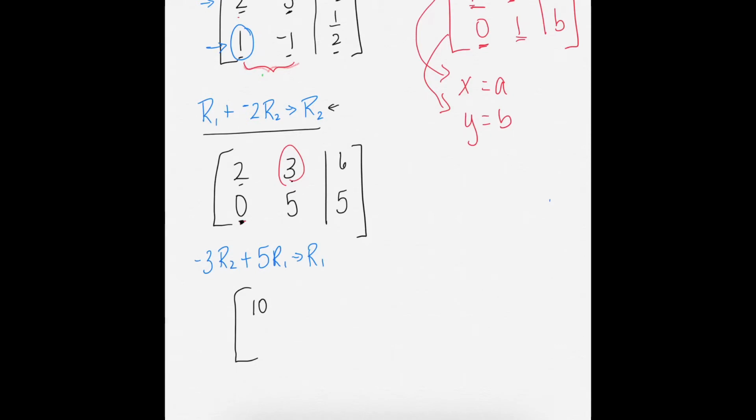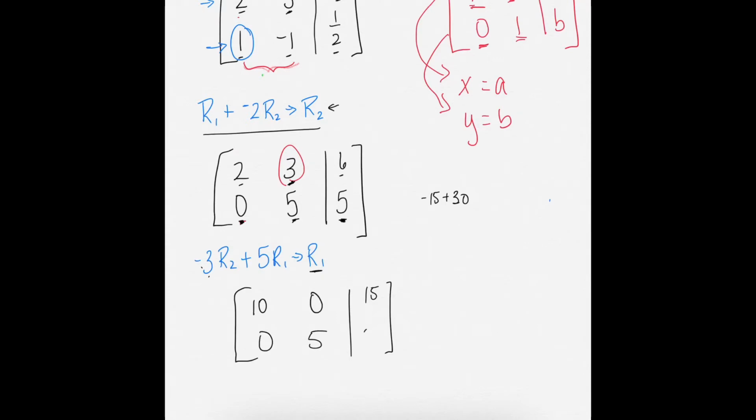That's my top left. Okay, this one next, the 3. So negative 3 times the 5 makes negative 15, plus 5 times 3 makes 0. Okay, negative 3 times 5, negative 15, plus 5 times 6, so negative 15 plus 30 makes 15.